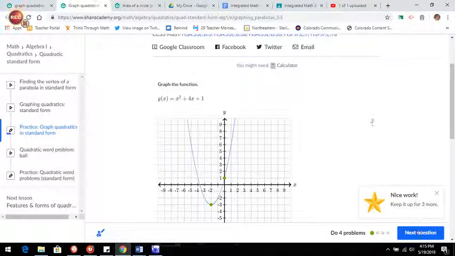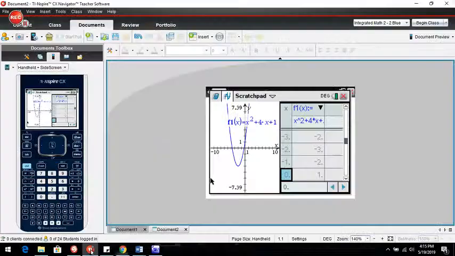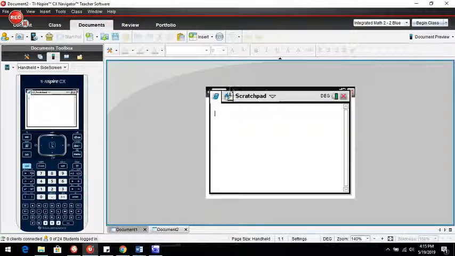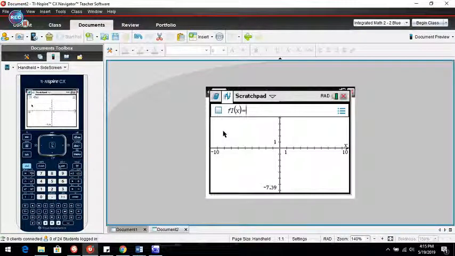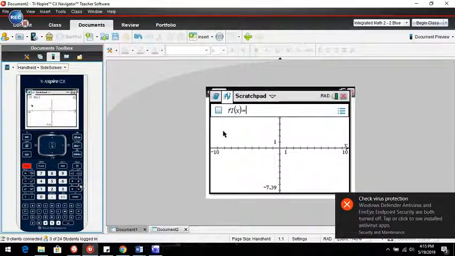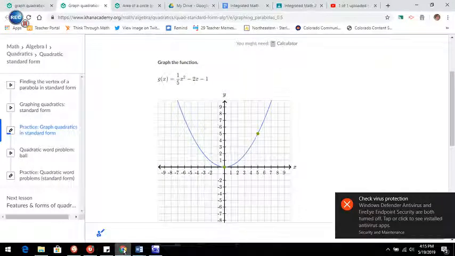I'll do one more, and maybe I'll do the next topic mixed in with this video. Okay, I'm going to type this in, 1/5 x squared, and you can actually, I don't know if you know about this, but you can do control, I think it was Marlene discovered this. Let's see, was that 1/5?